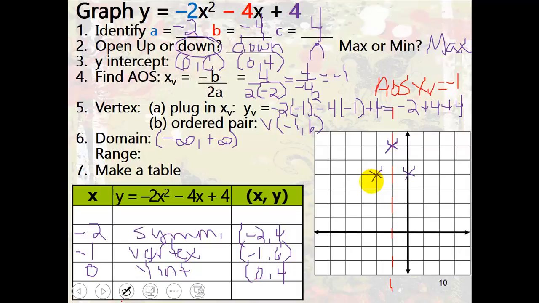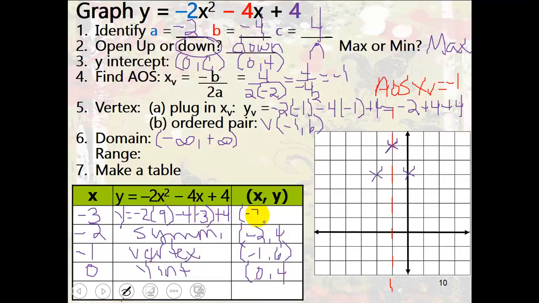And then I'm going to plug in a 1, and it's in the way. If I plug in, let's try this one, negative 3. So y is going to be negative 2 times negative 3 squared, which is 9, minus 4 times negative 3 plus 4. Okay, so this is positive 12 plus 4 is positive 16 minus 18.